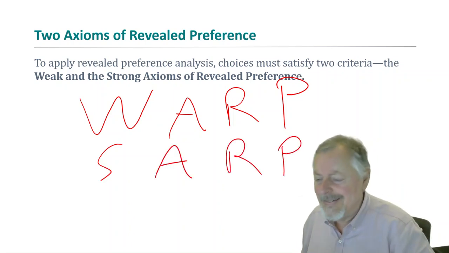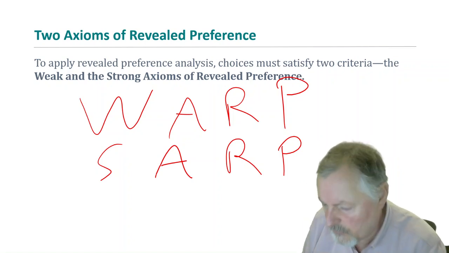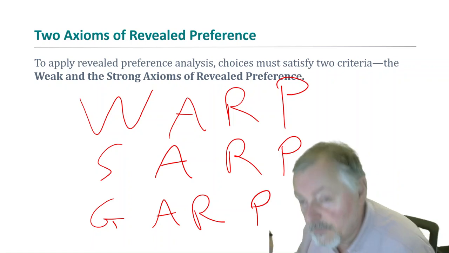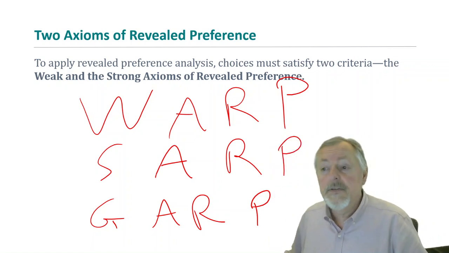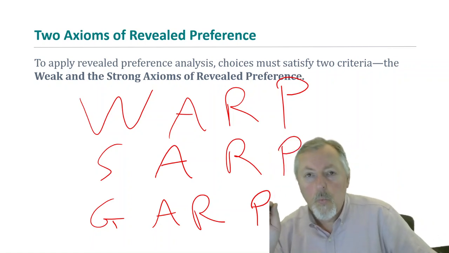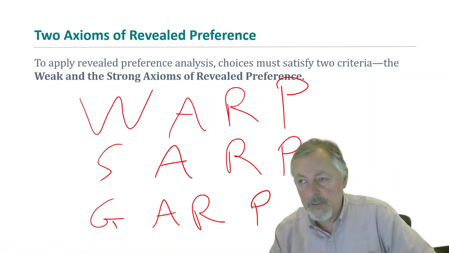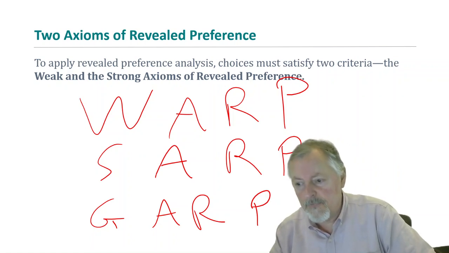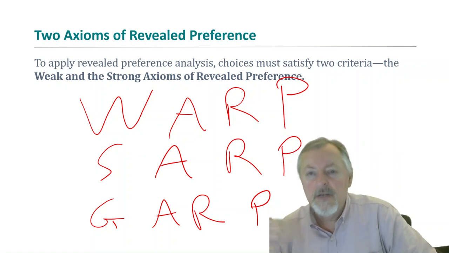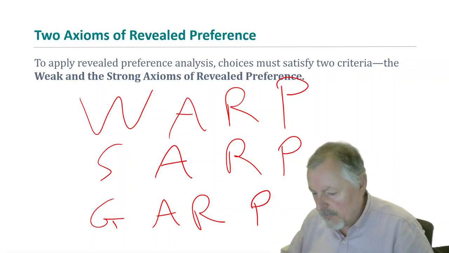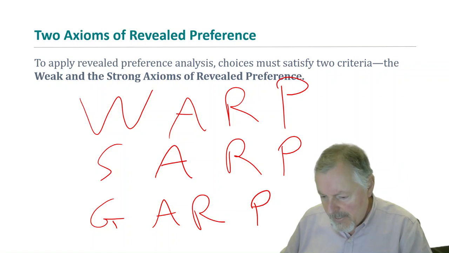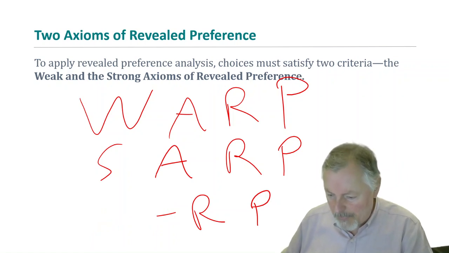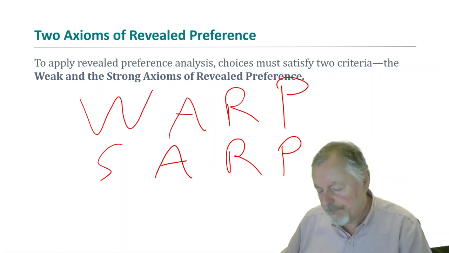And the third one that we probably won't have time for this semester, but just so you know it's out there, is GARP. These stand for the weak axiom of revealed preference, the strong axiom of revealed preference, and the general axiom of revealed preference. Can't promise we won't get to GARP, but we probably won't.